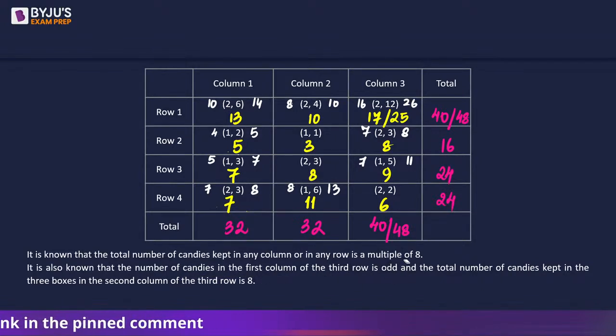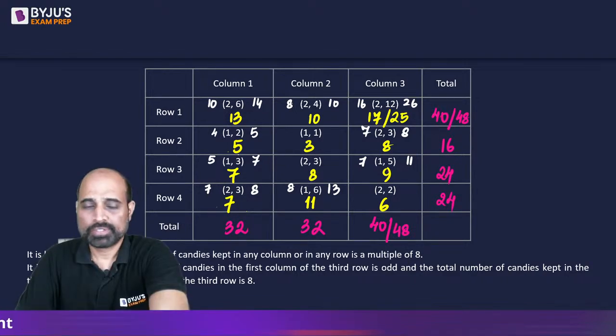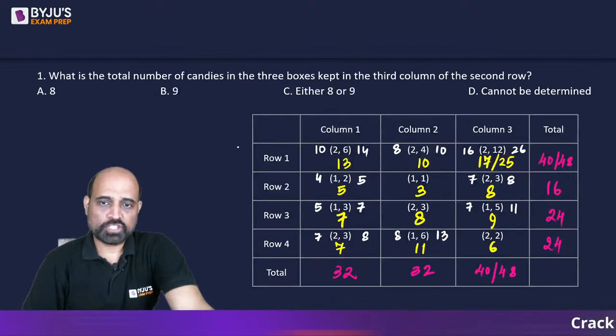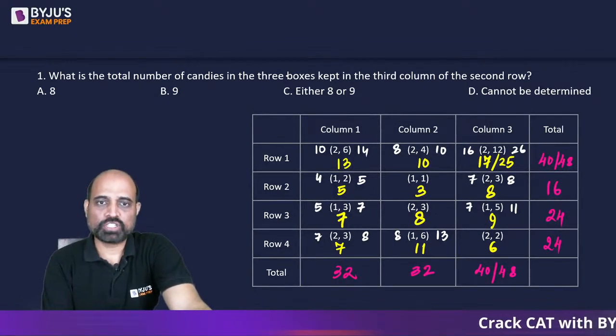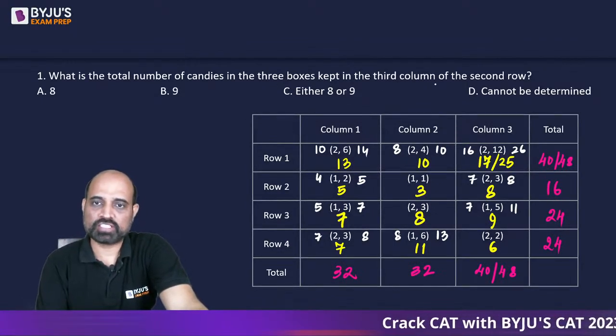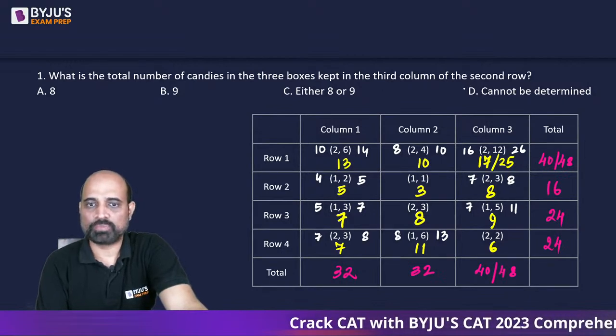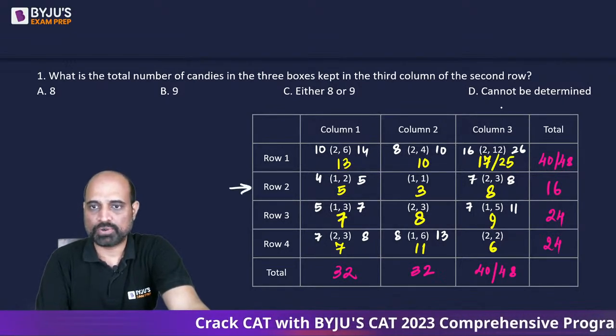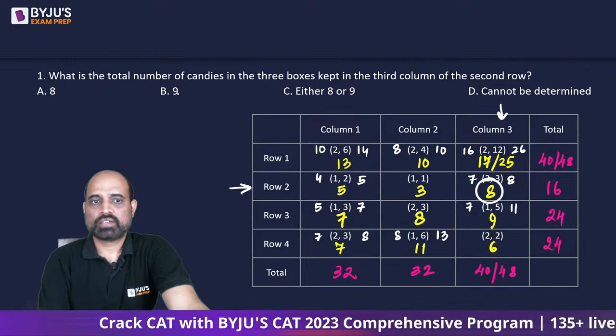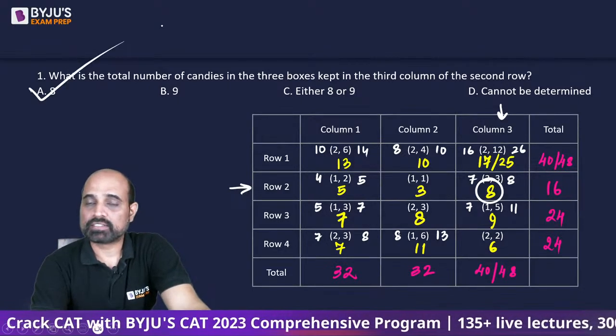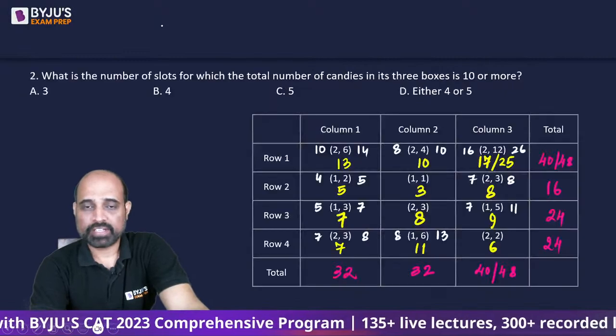चलो तो फिर लेट्स सॉल्व द क्वेश्चंस ना. So the first question is, what is the total number of candies in 3 boxes kept in the third column of the second row? Second row, third column में total 8 candies are there, right?